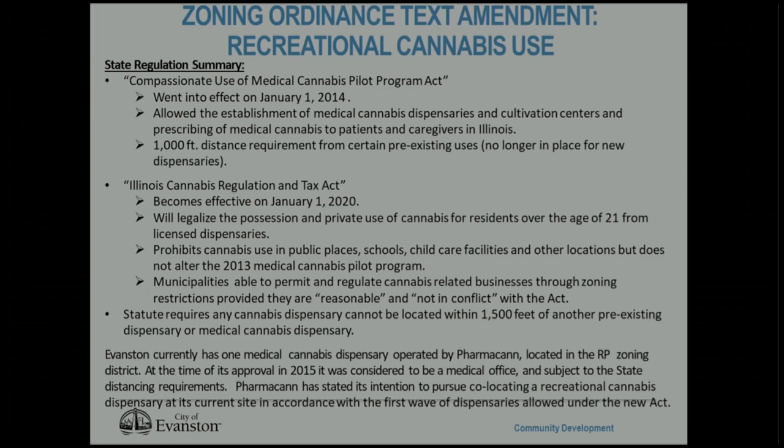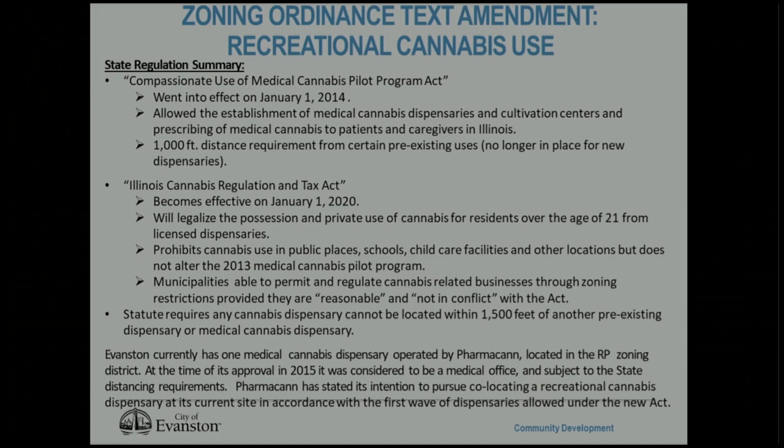Just this year, actually a few months ago, the Illinois General Assembly signed into law the Illinois Cannabis Regulation and Tax Act. This will become effective on January 1st of 2020. It will legalize the possession and private use of cannabis for residents over the age of 21 from licensed dispensaries.